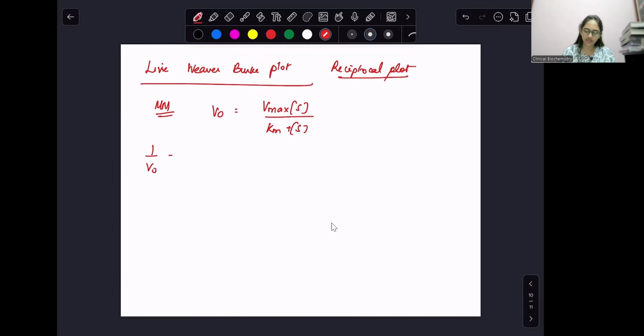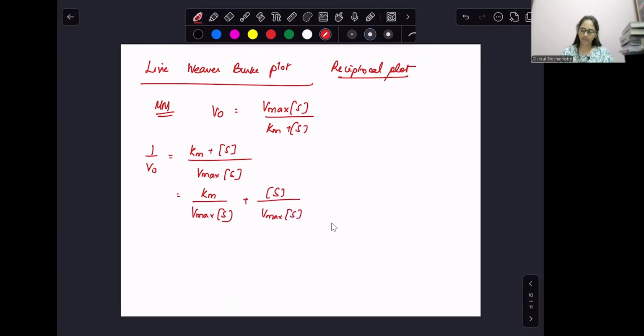So I will get 1 by V0 is equal to Km plus S divided by Vmax into S. So let us rearrange this: Km by Vmax into S plus S by Vmax into S. Okay. So I will cancel this.